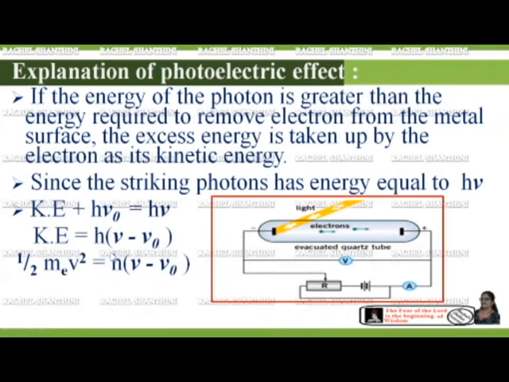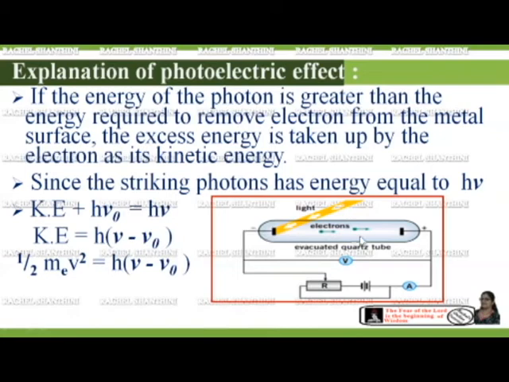Since for a particular metal, ν0 and h are constant, the kinetic energy of the photoelectron is directly proportional to the frequency. We know that kinetic energy is equal to half mv². So we can substitute kinetic energy as ½ m_e v² = h(ν − ν0), where m_e is the mass of the electron and v is the velocity of the electron.